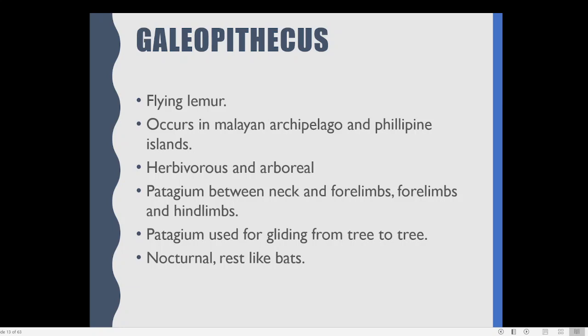Here also you will see. So Dermaptera is popularly known by a name. There are many animals coming under this category.